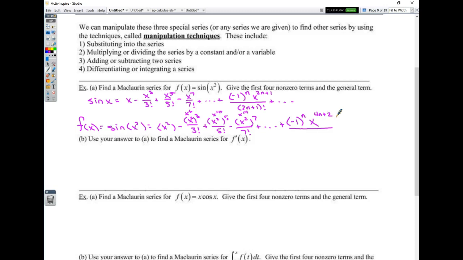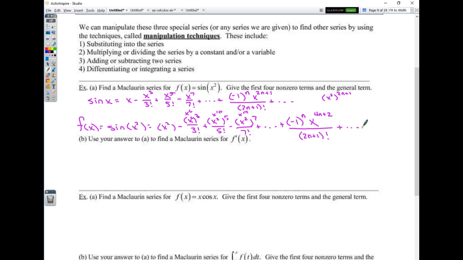Yeah, that would work, over the same factorial. By the way, for those of you who are curious, if I would have done a direct substitution here and called that x squared to the 2n plus 1, wouldn't we multiply those together anyways? We would multiply the 2n plus 1 times the 2. That would give us our 4n plus 2. So we could literally do a substitution even into the generic term if we felt the strange desire to do so.